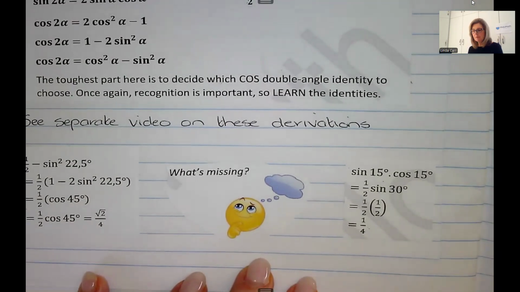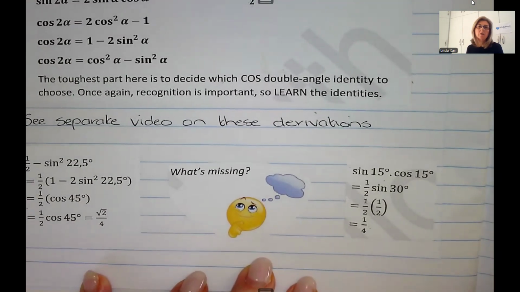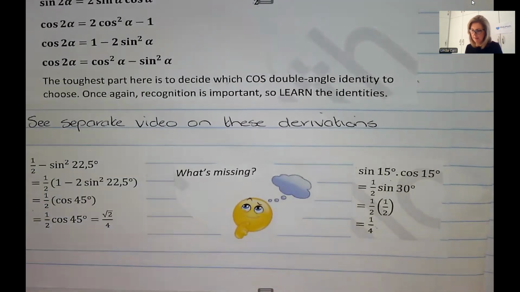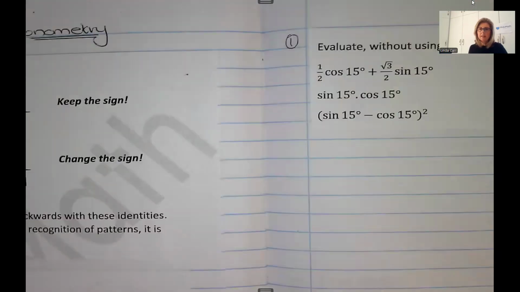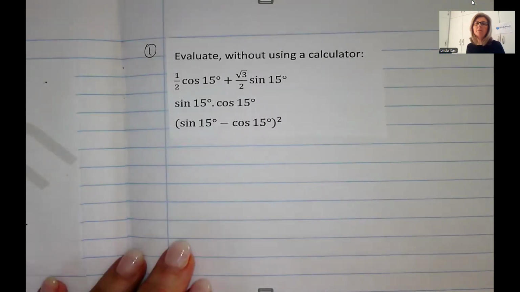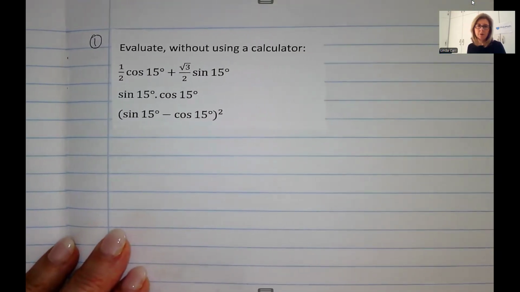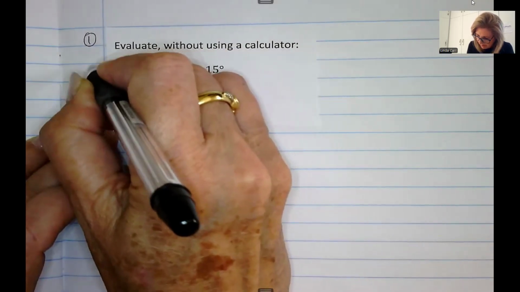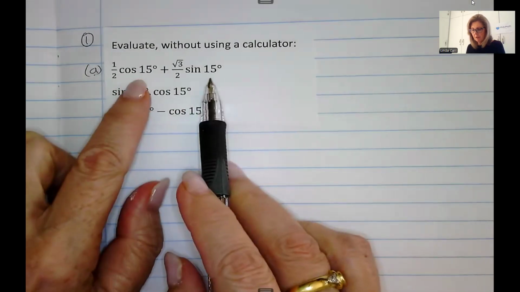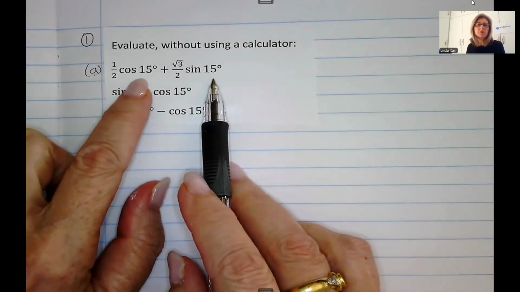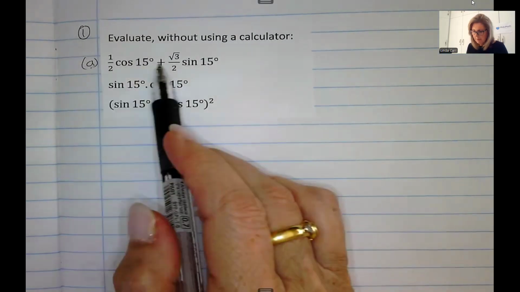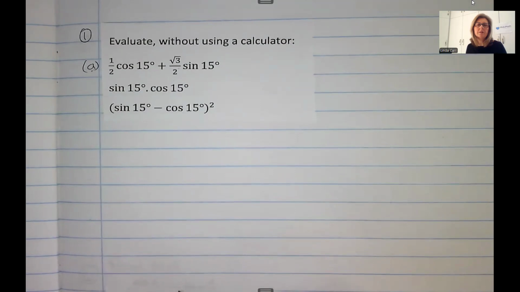Okay, so you're going to have your wits about you just a little bit when you start working with these grade 12 identities. Let's have a look at these 3. These are still fairly average level questions. The first one, let's call that 1A. The first one looks a bit strange because you've just got a cos 15 and a sine 15, and then you've got numbers that look a bit like the results from your special angles.